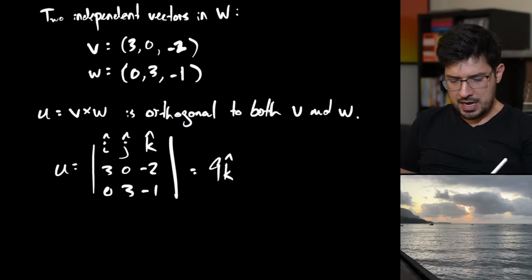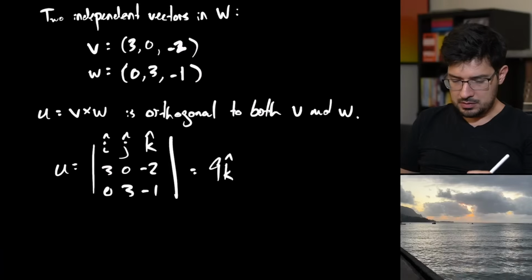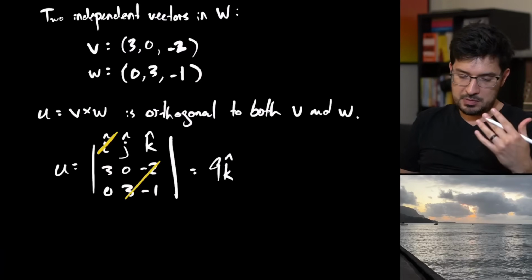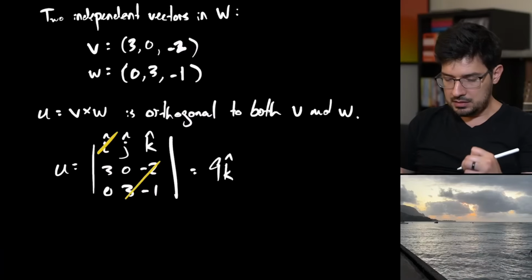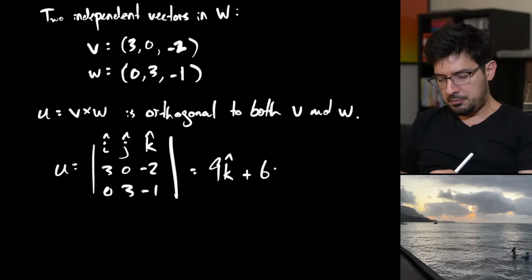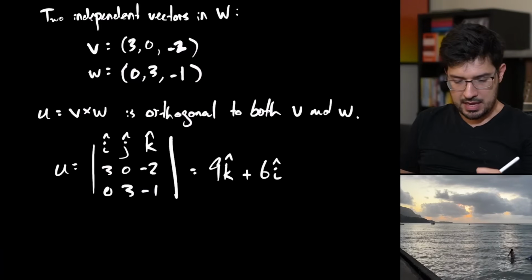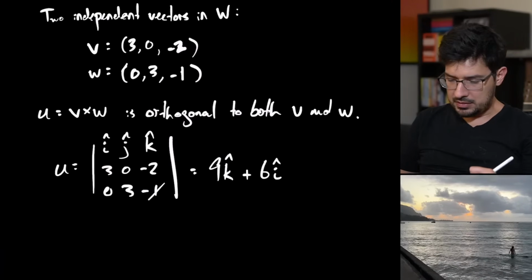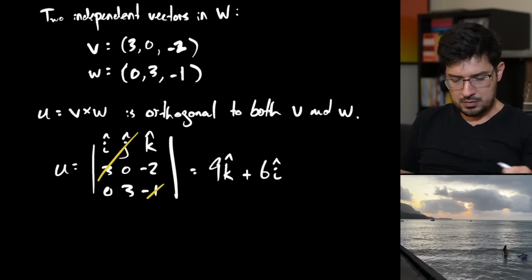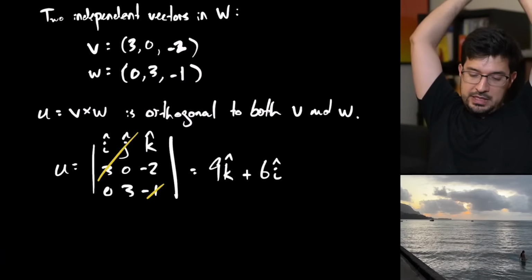Then we subtract this diagonal, which is 0. Subtract this diagonal, which is then going to be positive 6i. And then subtract this final diagonal, negative 3j.